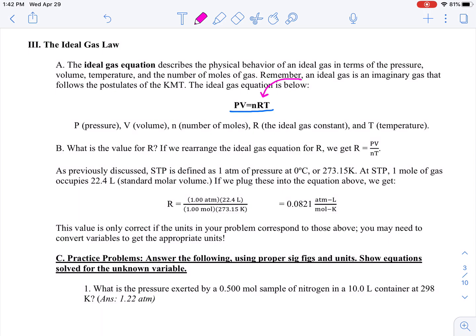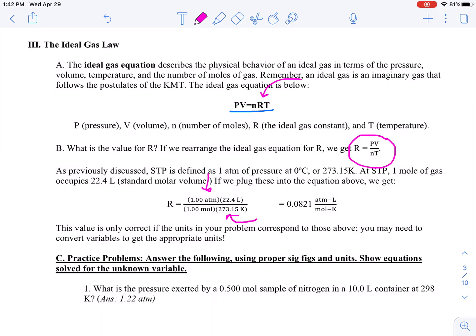We're first going to solve PV equals nRT for R. So if we want to do that, we have to divide both sides by nT, get R on its own, and so we get PV over nT is equal to R. Let's now plug in those values at STP. So we said STP is 1 atm. It's 0 degrees Celsius, which in Kelvin, because we always want Kelvin for gas laws, is 273.15.